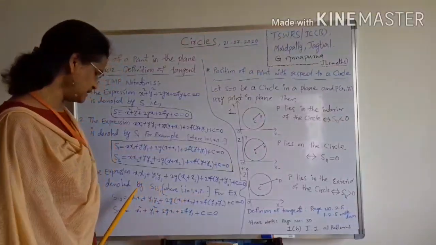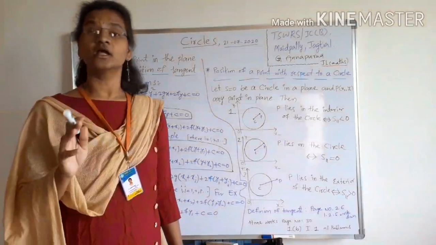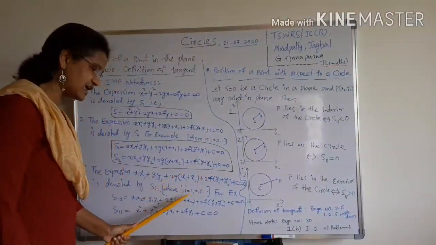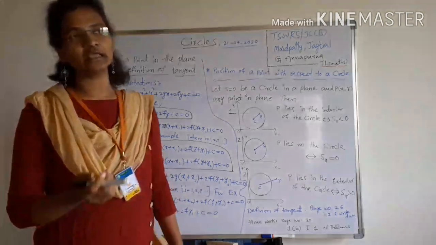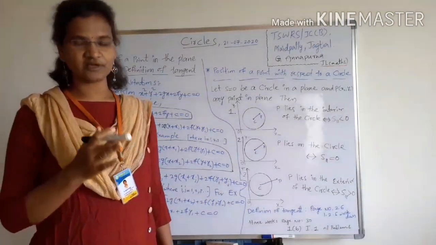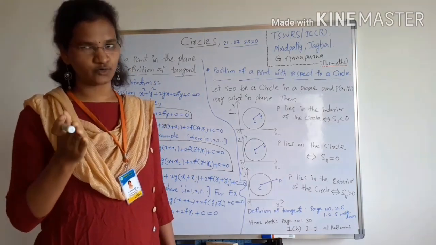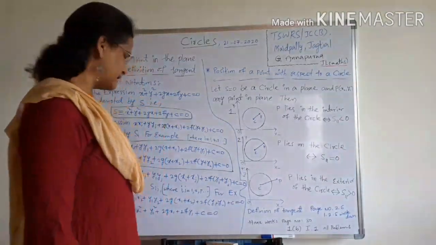This is denoted by Sij, that means two numbers come. Here i, j is equal to 1, 2, 3. You have to take 1, 2 at the ij place, or 2, 3, or 3, 4, like that.